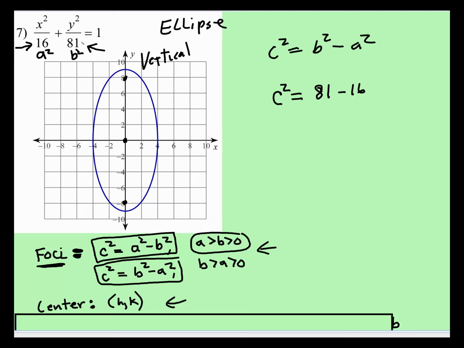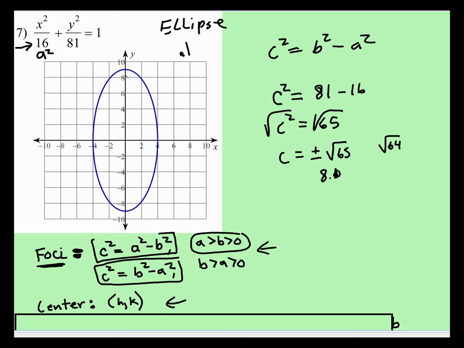Well, these are already squared, so c squared, 81 subtract 16, I think it's 65. When you take the square root of both sides, c is equal to both positive and negative square root of 65. Well, that's just a little bit more than 8, because the square root of 64 is 8. So that's going to be 8.0 something, or maybe it'll round to 8.1. So I was pretty close.